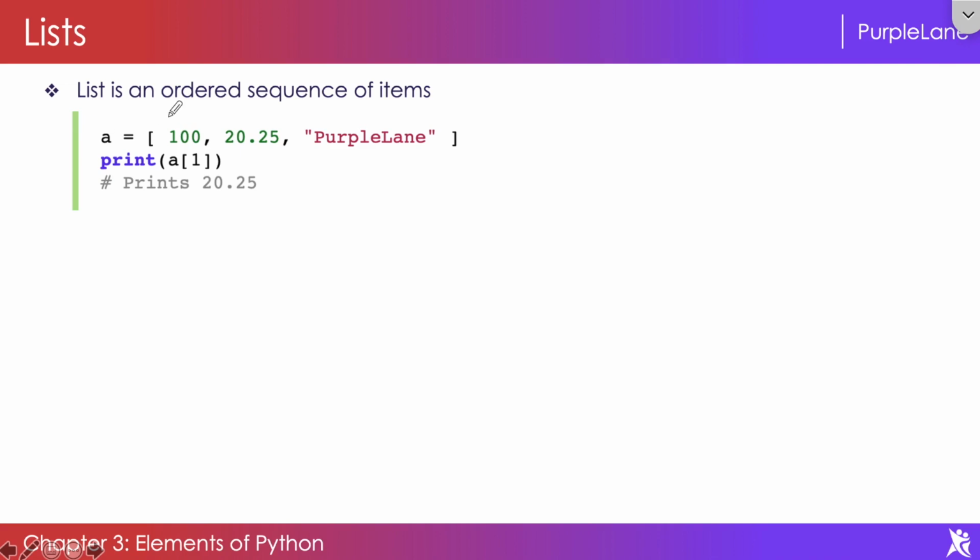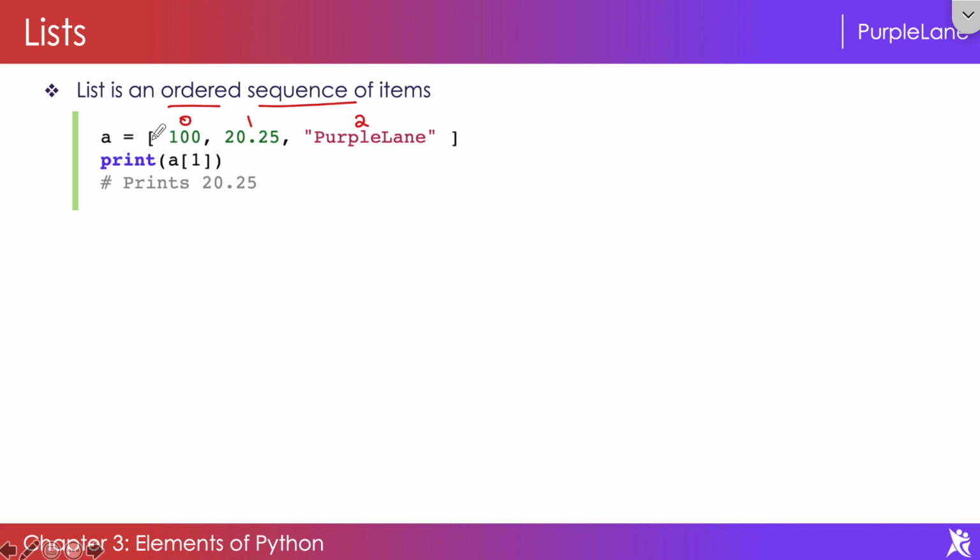Now let's talk about the ordered sequence of items. Since a list is an ordered sequence of items, these are indexed starting with 0. So the first element in this list will get the index 0, the second element will be at index 1, and the third element will be at index 2. This is similar to what we have seen in the case of strings.